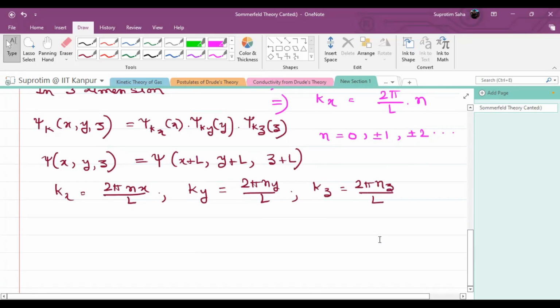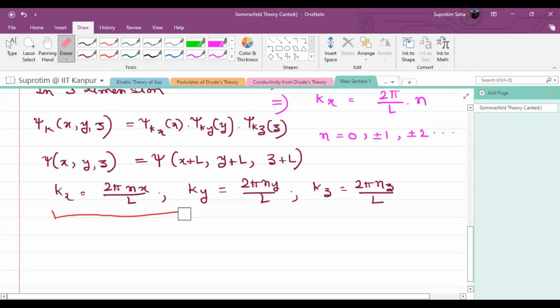So for each wave vector in a dimension, you have this imposition that k_x, k_y or k_z have to be 2 pi by L times some integer, which can be 0, plus or minus 1, plus or minus 2, and so on and so forth. So these are your definition of momentum states.